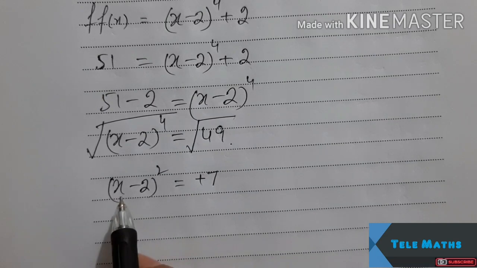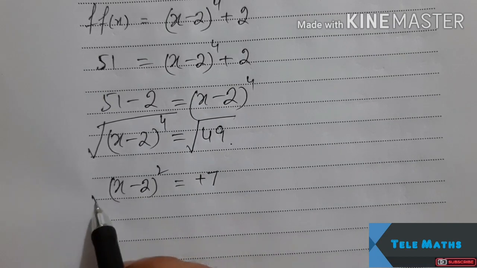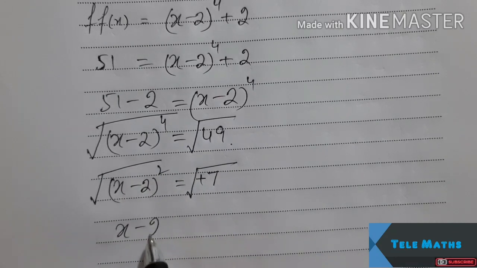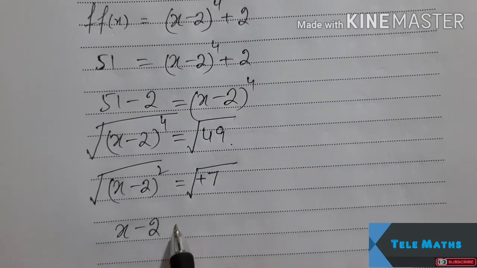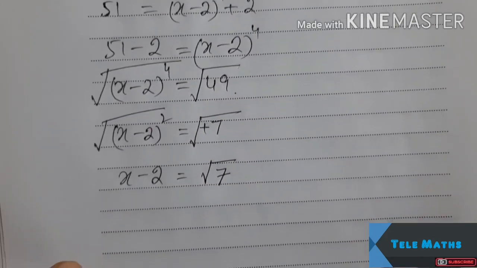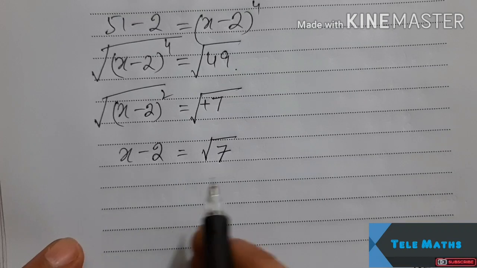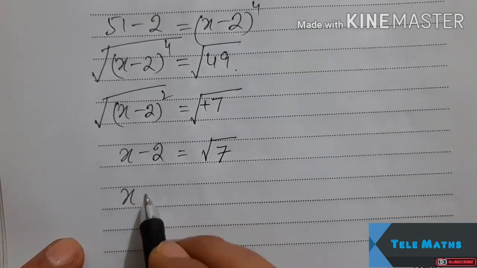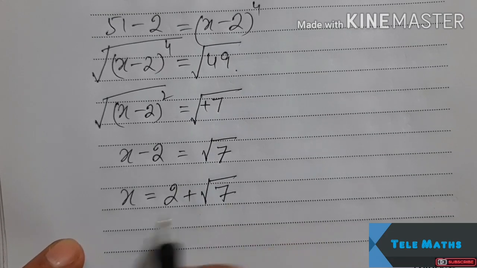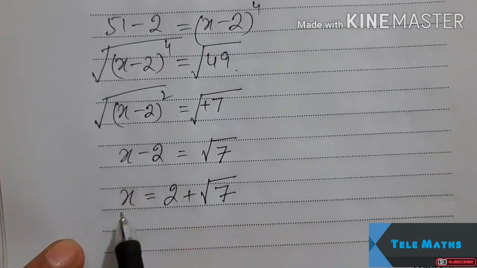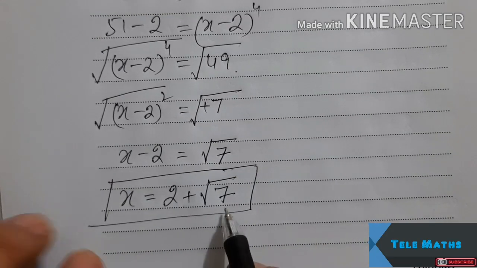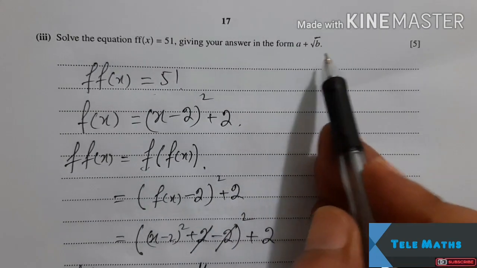So again take the square root of both sides, so this will become x minus 2 is equal to 7. Again we will not take negative, so take 2 on the right side. x is equal to 2 plus under root 7. This is the solution in the form a plus under root b.